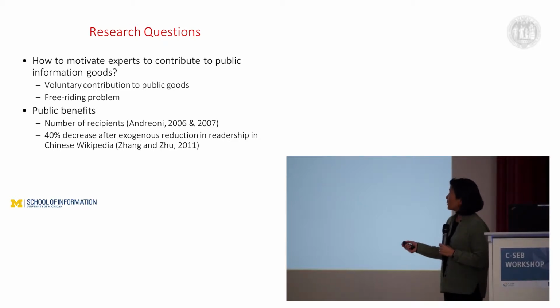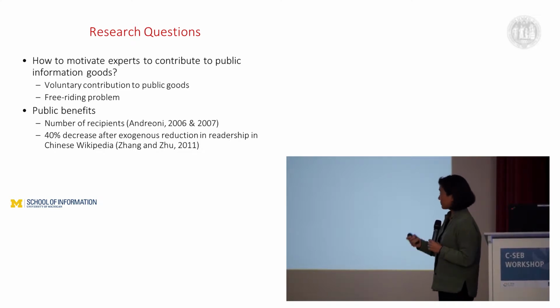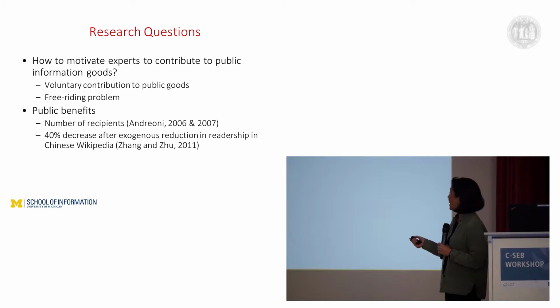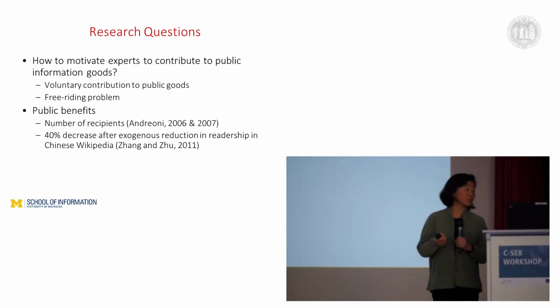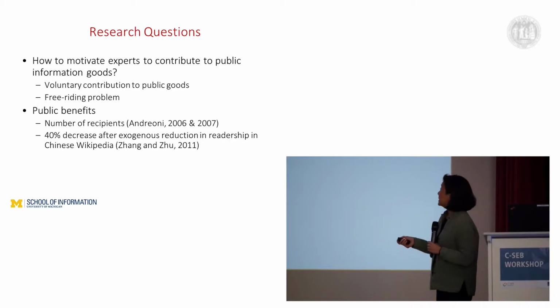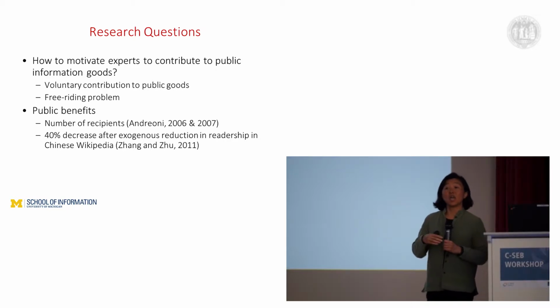So what we're going to try to do is to essentially push two levers. One is broadly defined as public benefit or impact. We know from lab experiments that the number of recipients is important in terms of how much people contribute to public goods. And there's also a really neat 2011 AER paper that looks at a natural experiment.